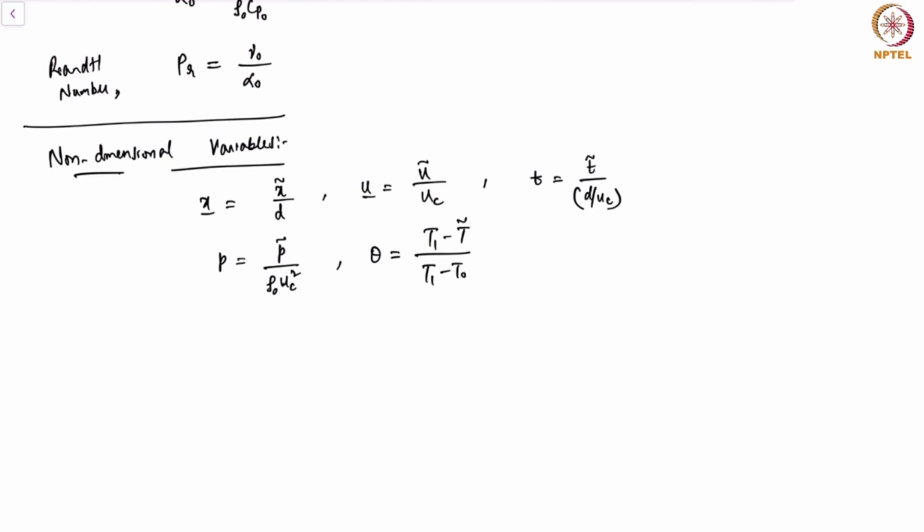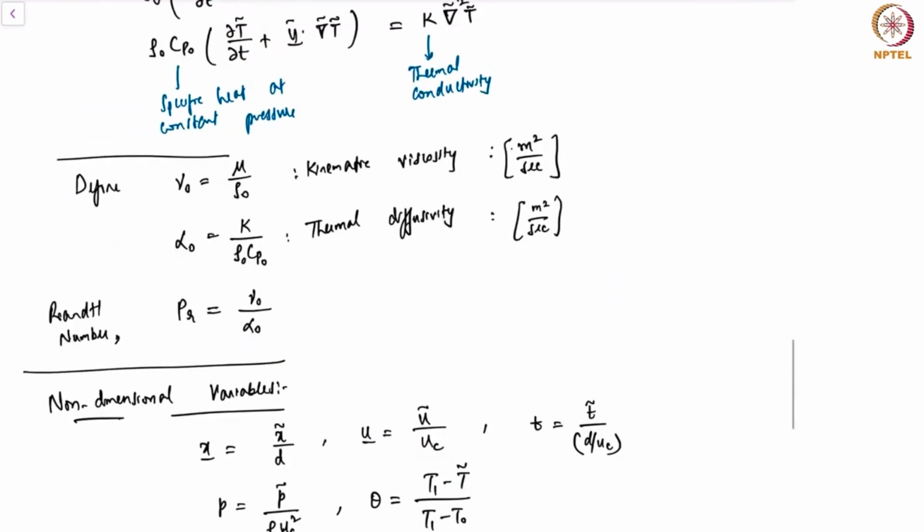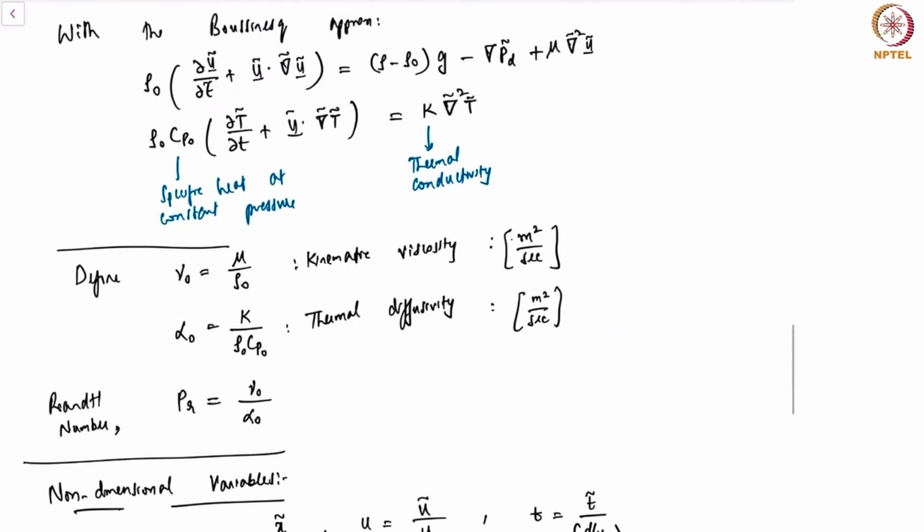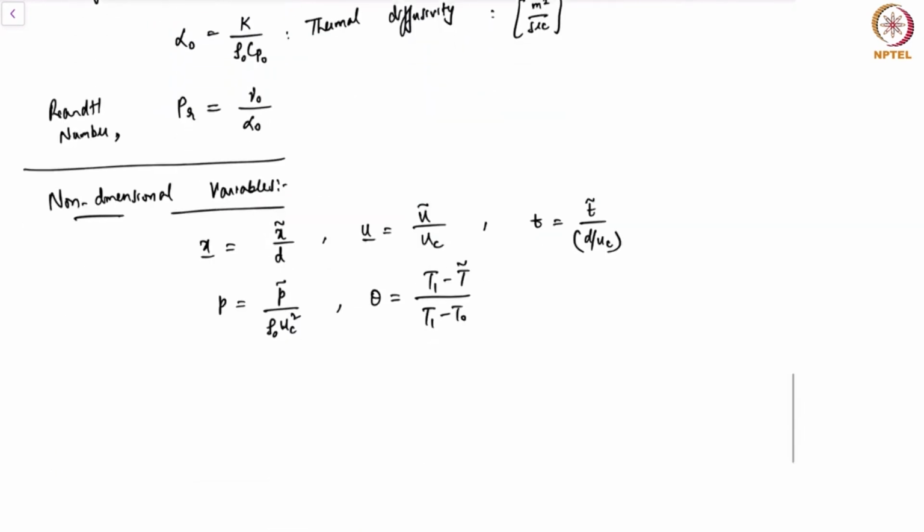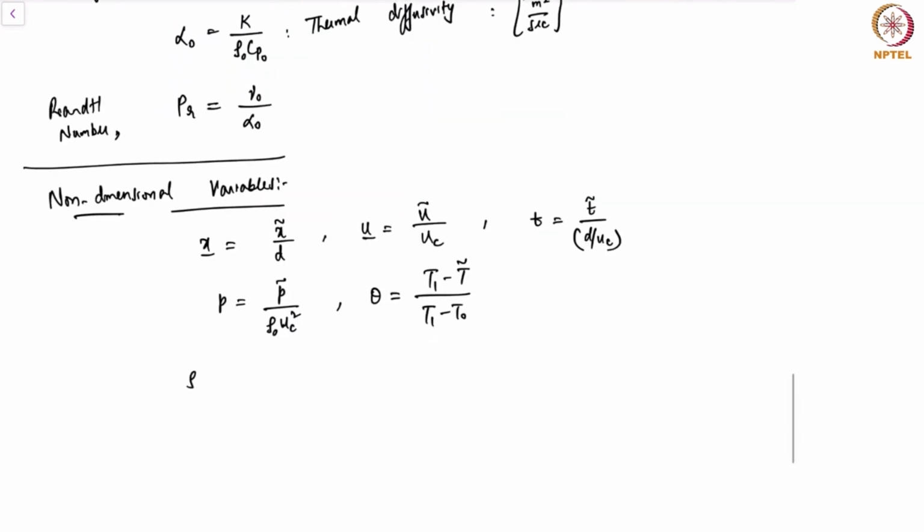Now, one of the things that I did not mention is that we have density terms in the momentum equation. We have the temperature equation. What's the connection between the density and the temperature? The density and the temperature will vary like this. The density rho would be rho naught times 1 minus beta into T minus T naught.